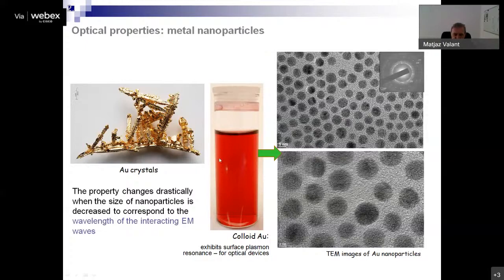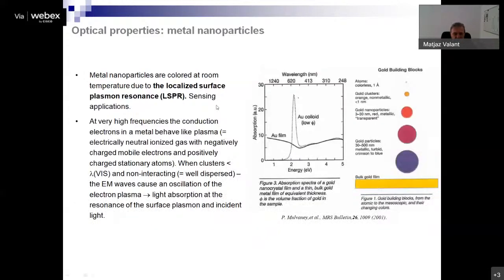So we induce color because of the absorption of the light with the surface electrons, which on the surface behave like a kind of plasma. And this plasma can absorb the light and produces the so-called localized surface plasmon resonance.